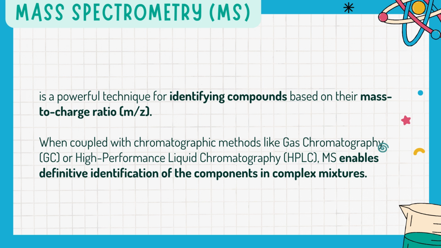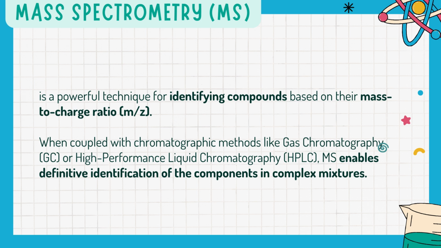Going back again to remember: mass spectrometry is used to identify compounds. With all these things in instrumentation for analytical chemistry, it is more on identifying compounds, and the ways of identifying them vary.